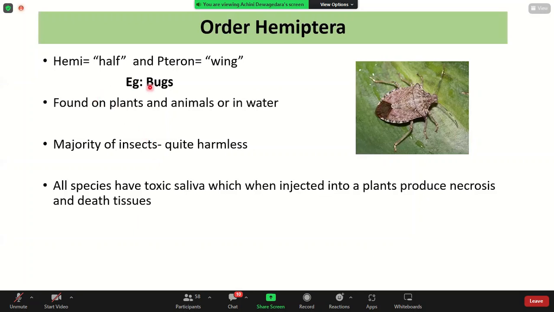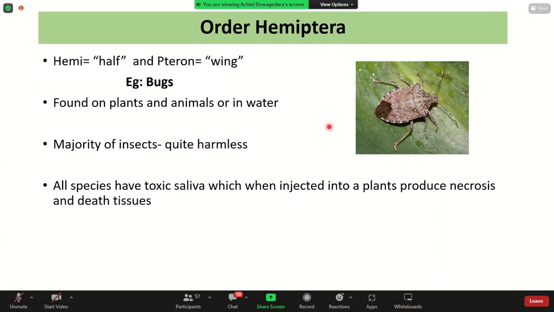So, as I told you, order Hemiptera contains bugs, and most of the insects that come under Hemiptera are quite harmless, but there are harmful pests.